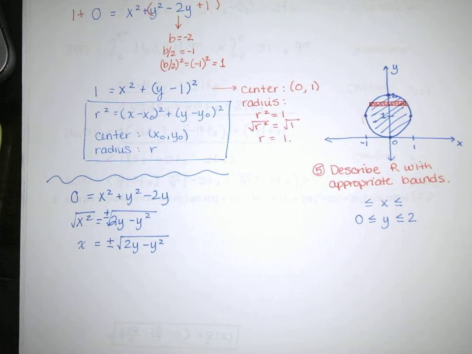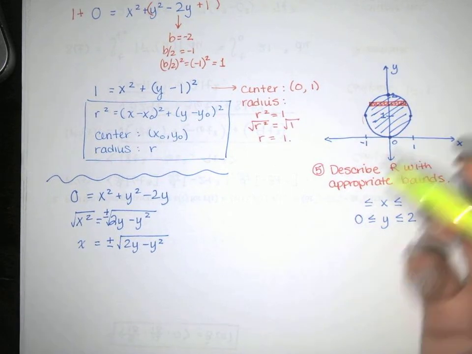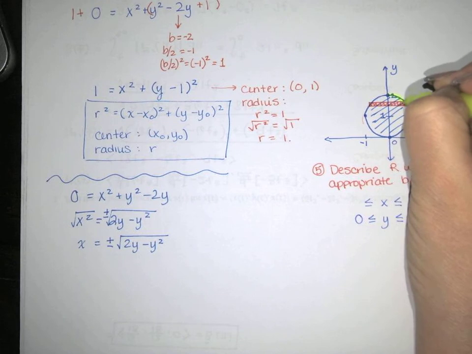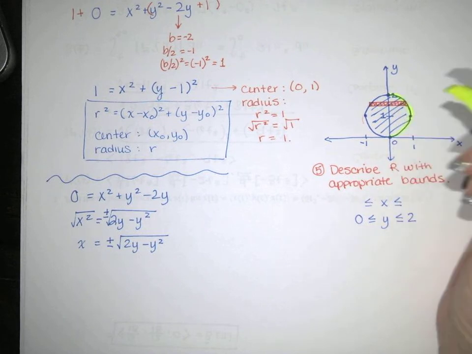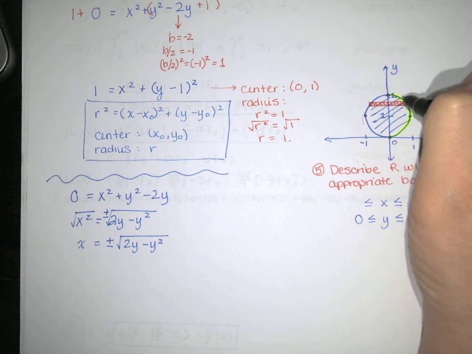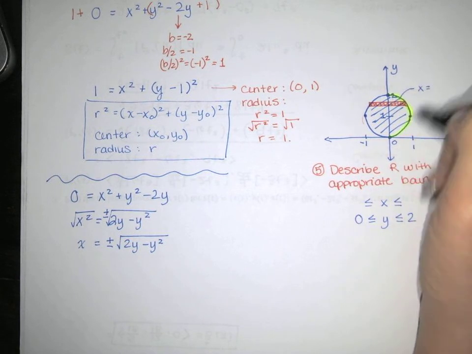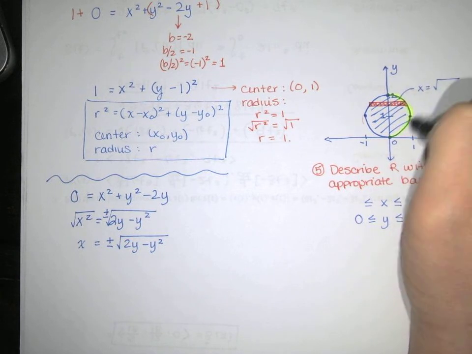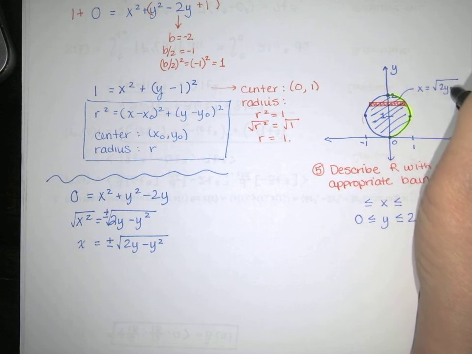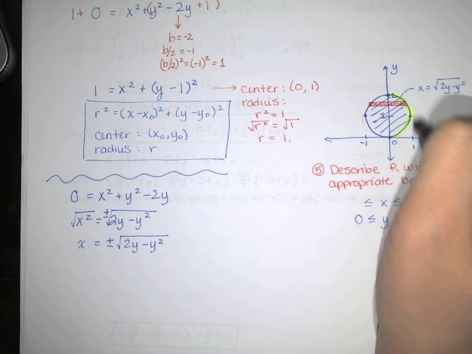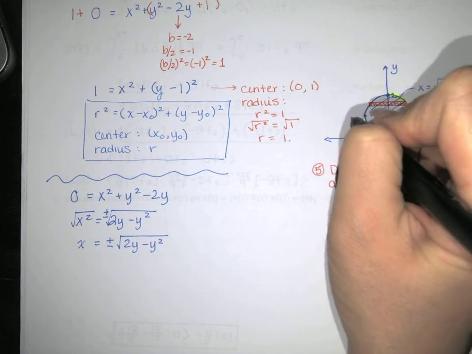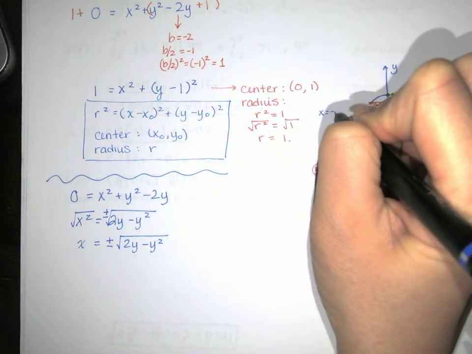It is a little bit bad, but it's not too terrible because the positive square root is actually the bound on the right, and the negative square root is the other side. On this side, the positive square root, the x is positive, or possibly 0 over here. On this side, we have the negative square root.